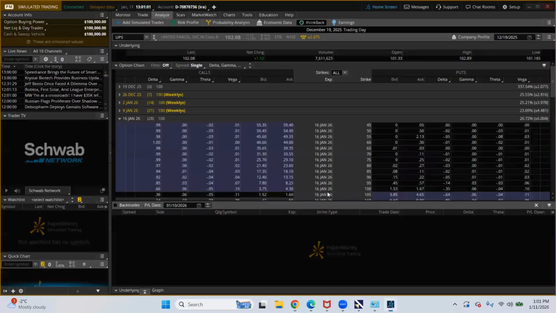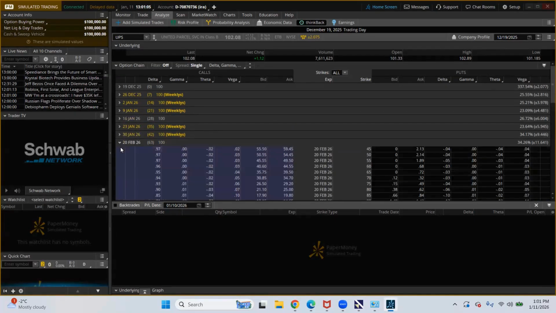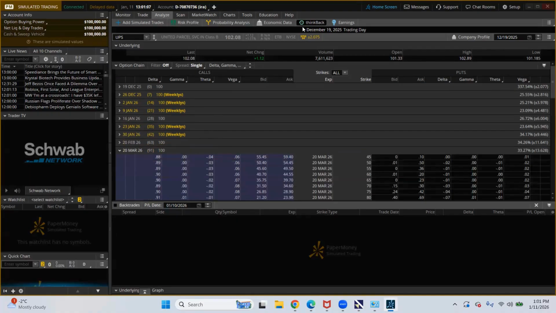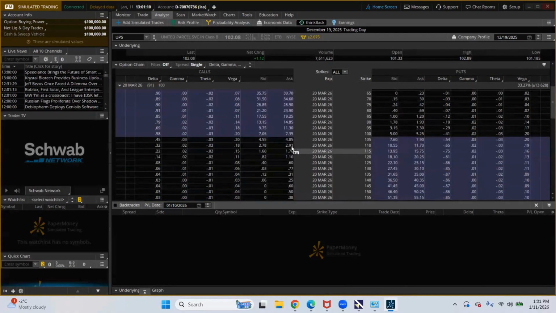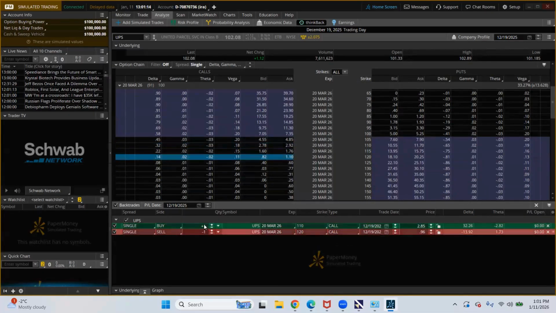So the setup on UPS was March. Give myself enough time for this trade to work. There's the 110, there's the 120, one contract each. And you can see the price was right around that 185, 190 that we got in at.